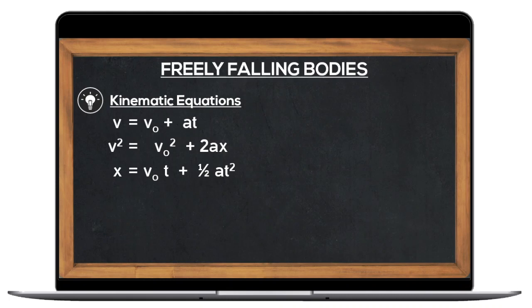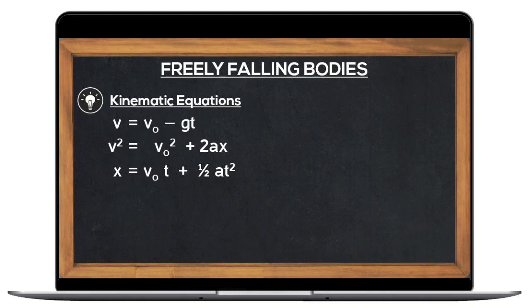So, we are to replace a with negative g, the acceleration due to gravity. Again, the negative sign denotes that the motion is downward. So, we will replace it with this equation.